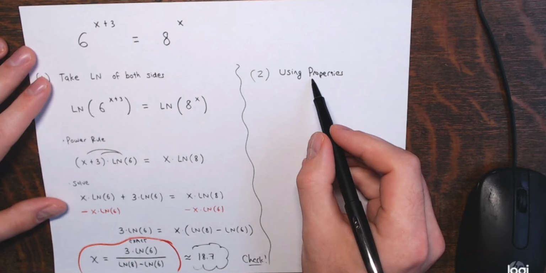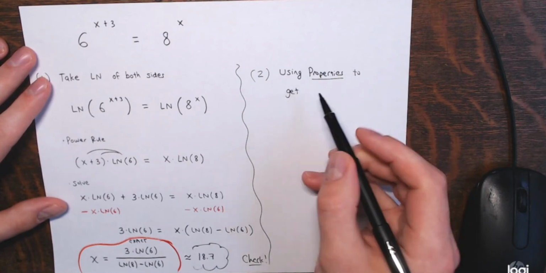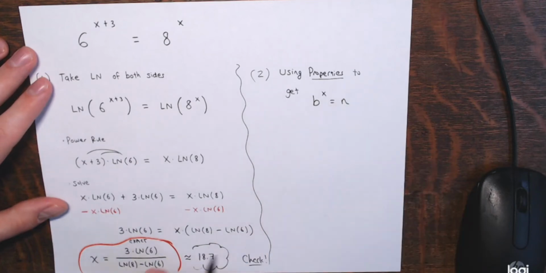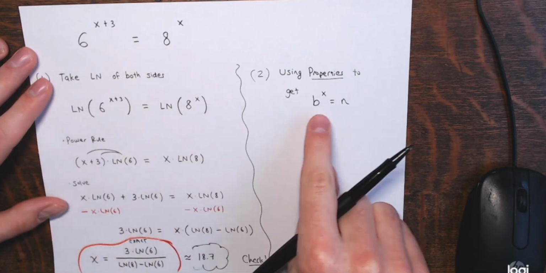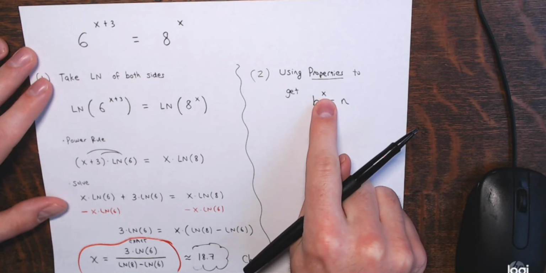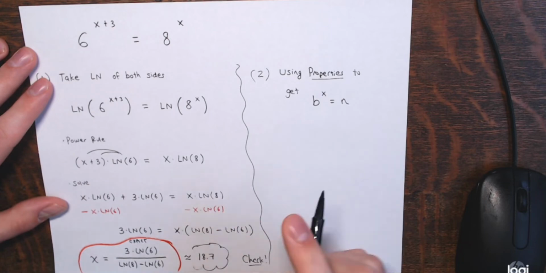But I want to use properties to get basically just b to the x equals some number. So I'm going to try to write my equation in this form, where I have a number to just the x power on one side, and then some number without any variables on the other. So here's what I mean by that.